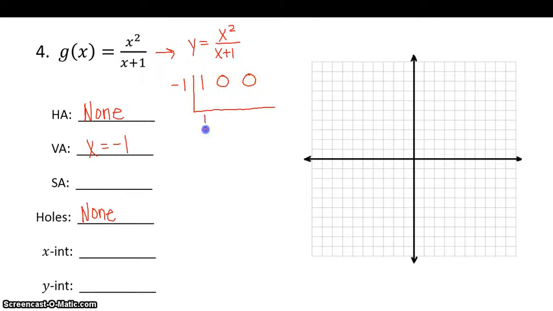You bring down the 1, multiply, -1, you add these, -1, multiply, you get +1, add them, and you get 1. Remember, this last one is the remainder, so we ignore that. So then you get 1x minus 1. So y equals x minus 1 is your slant asymptote.